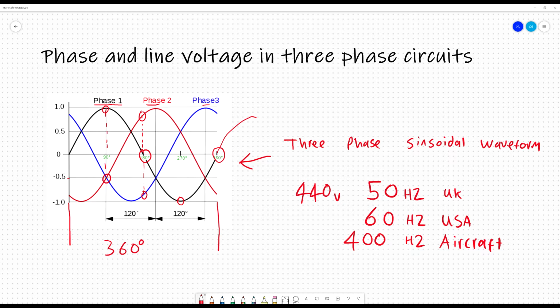These can vary depending on what the purpose is. So although this chart is showing us a 360 degree period, that period is happening 50 times or 60 times or 400 times a second. And this represents just a snapshot of it.